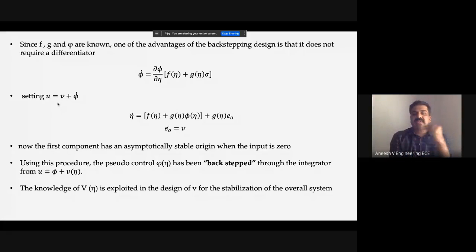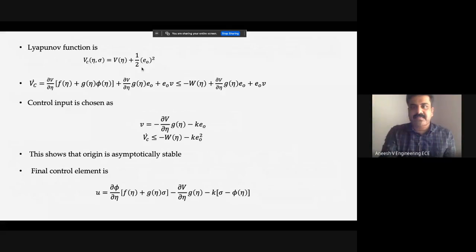Then the first component has an asymptotically stable origin when the input is 0. So every time you derive it, it should be asymptotically stable. If it is asymptotically stable, we need to set that particular system. Based on this, we are designing a control law.